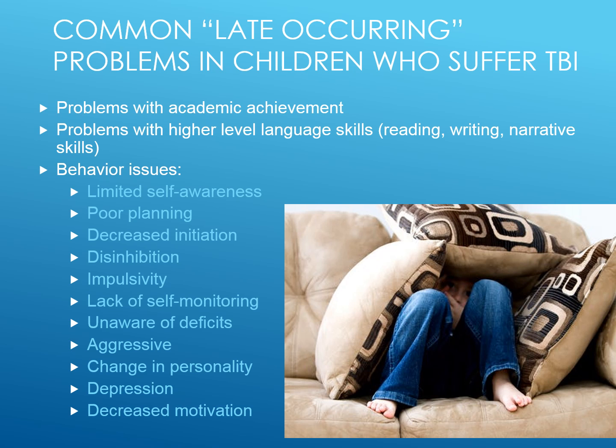There are more than likely to be behavior issues, some of which we've already talked about, but we see limited self-awareness, poor planning, decreased initiation, disinhibition, impulsivity, lack of self-monitoring, unawareness of the deficits, aggressiveness, change in personality, depression, and decreased motivation.